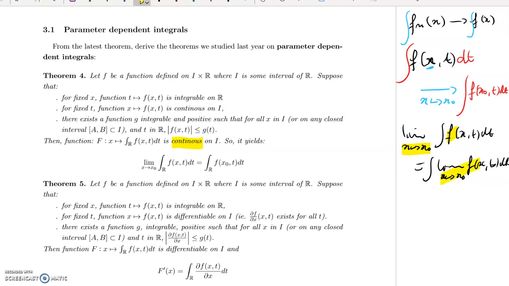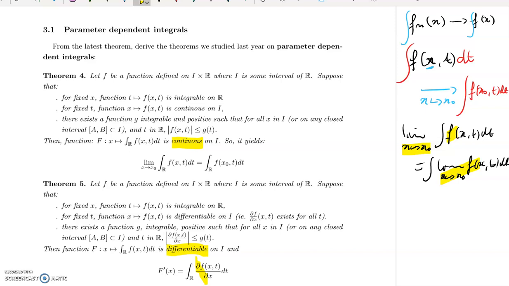And another theorem on differentiability. Of course, again, it's really a question of limit, because differentiability is just the derivative, or the partial derivative, because as our function f depends on two variables, it has partial derivatives. The partial derivative is again just a limit, the limit of the growth rate.